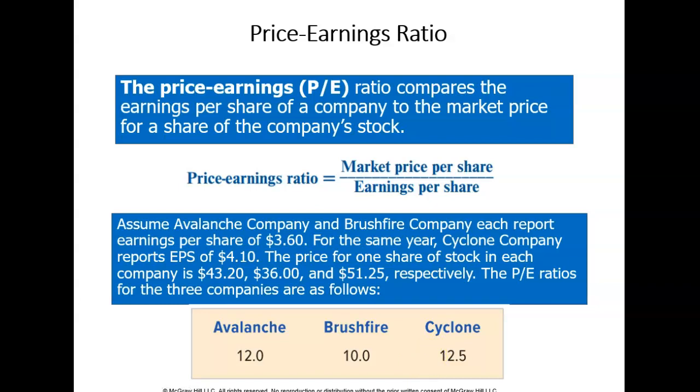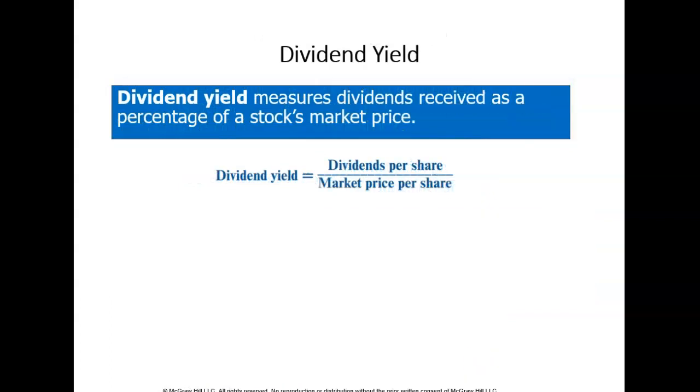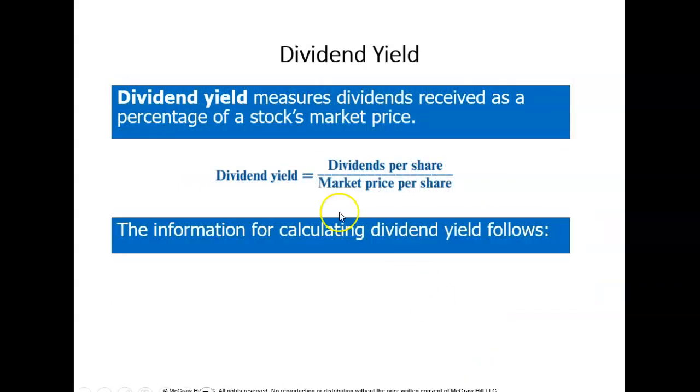So you're taking the market price per share divided by the earnings per share to get your price earning ratio, which is saying that in this case again, the current market price for Cyclone is 12.5 times their earnings per share.